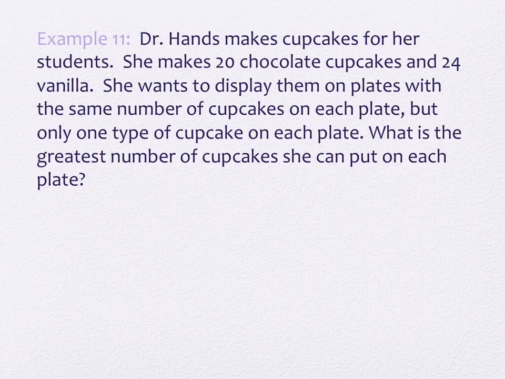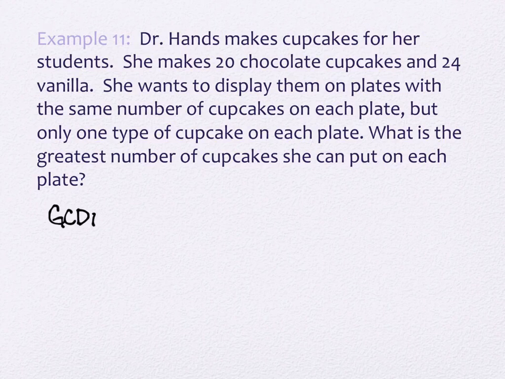So no mixing of the cupcakes for this to make sense. So we're working with 20 and 24. It's wanting to put them on plates. The same number have to be on each plate, so we're dividing them up. That's a key for being a divisor problem, right? We're dividing something into pieces or groups in this case.